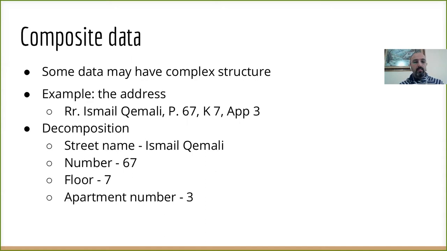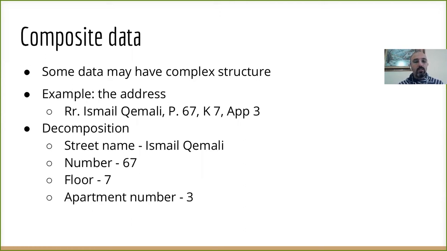But in fact, it is made of several elements, such as the street name, the number, the floor number, the apartment number, etc. So even though we represent it as a string, we can decompose it into different characteristics, and each of them, hypothetically, can be stored in a specific variable.